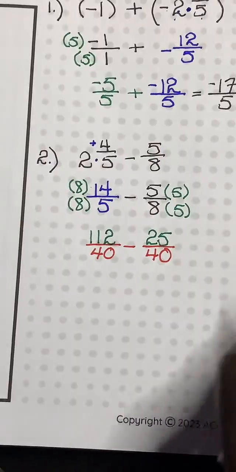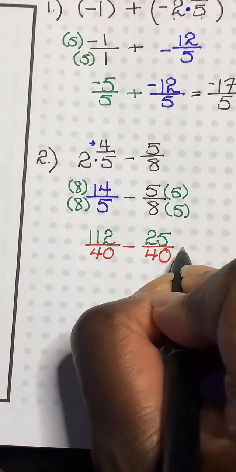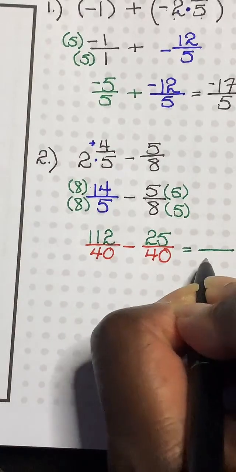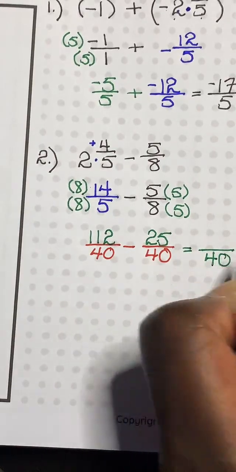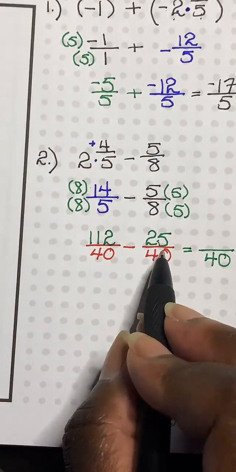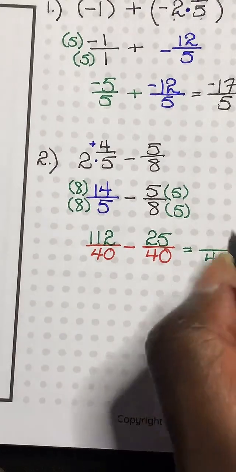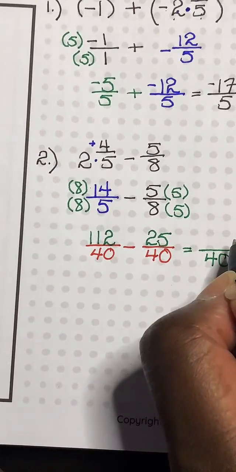Appreciate you. Okay. So now that we have that common denominator, we can keep it. And all we have to do is the subtraction of 112 minus the 25. So that will give us, with the 7, break it over.